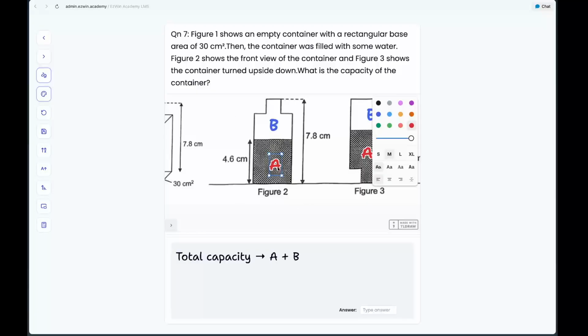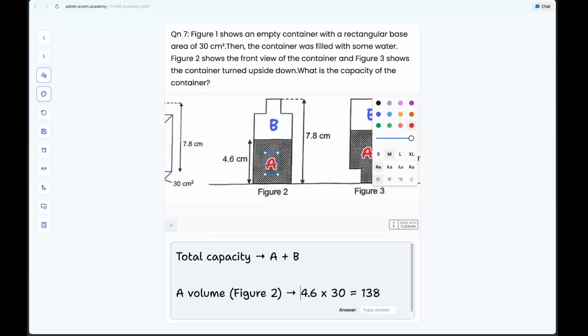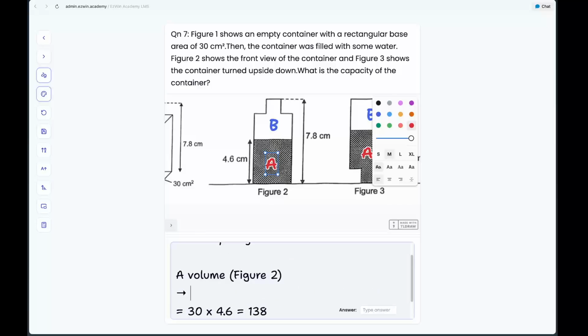To get the volume for A, which is in figure 2, it is 4.6 times 30, or 30 times 4.6, right? The equation is basically the base area times height to get the volume.